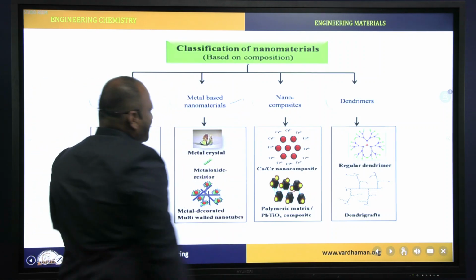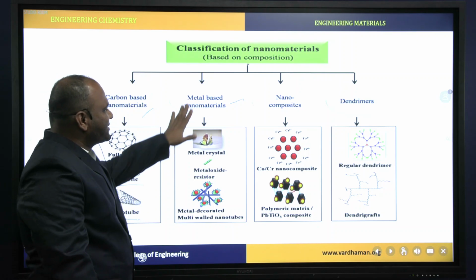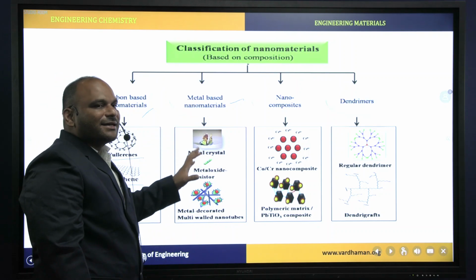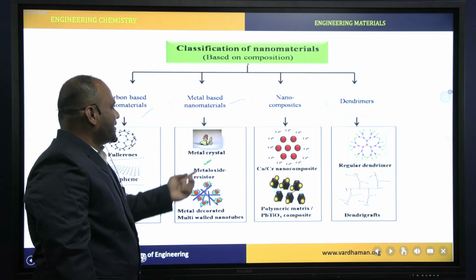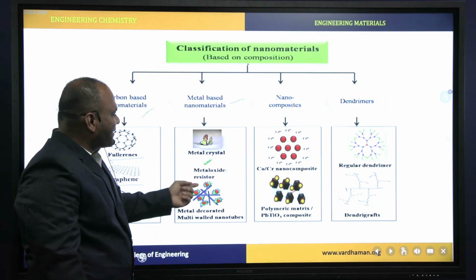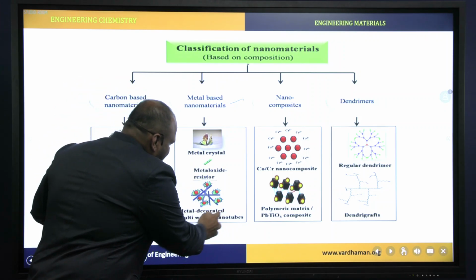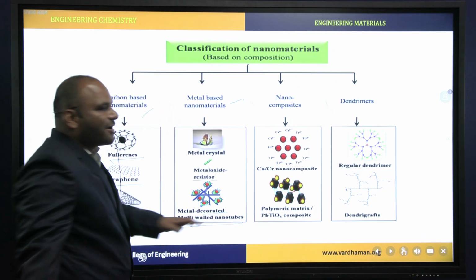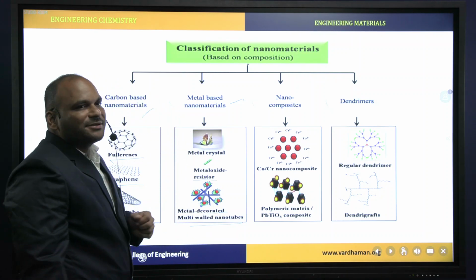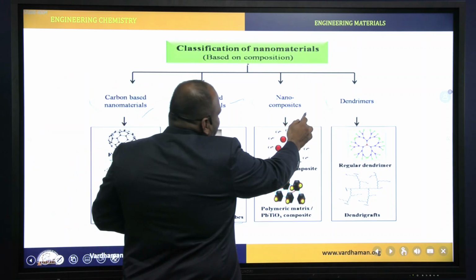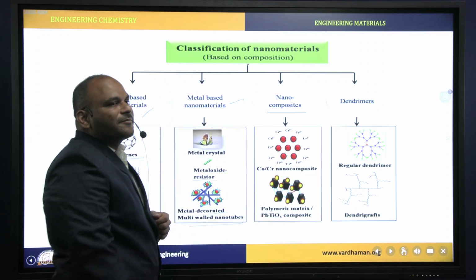Metal based nanomaterials: in these materials, metals are the major constituents. Examples: metal crystals, metal oxide, resistors, metal decorated multi-walled nanotubes. These all come under metal based nanomaterials.